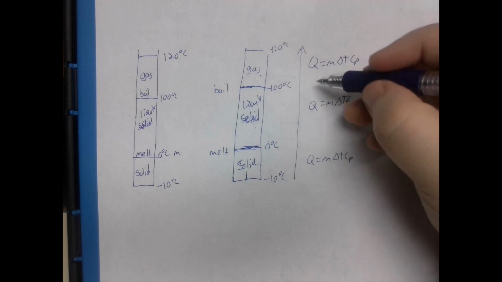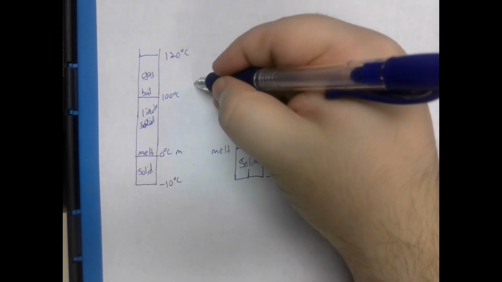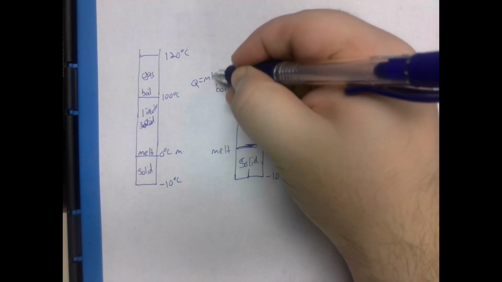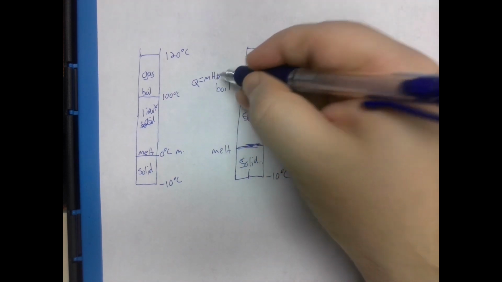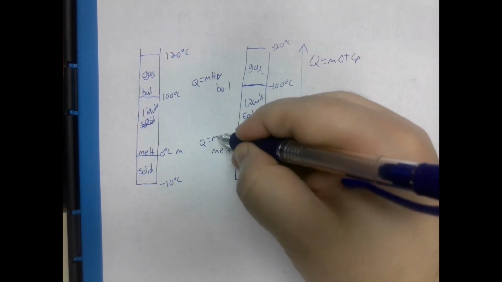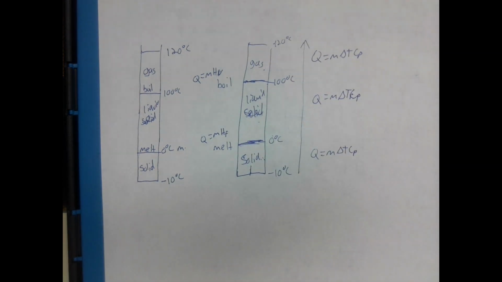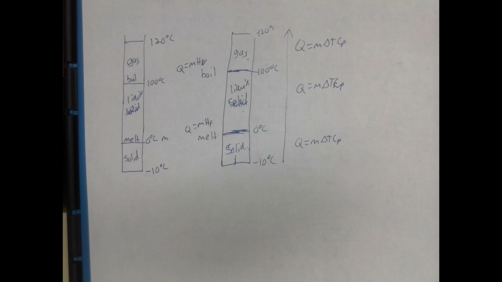And during the phase changes of melting and boiling, we'll need to use Q equals m Hf and Q equals m Hv. So for doing this, there'll be five equations you have to add up in order to get the final answer. It is going to be a lot of math, but I think once we work through several examples together, it'll make more sense.